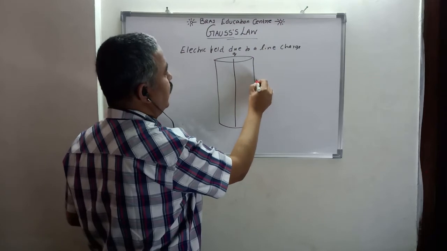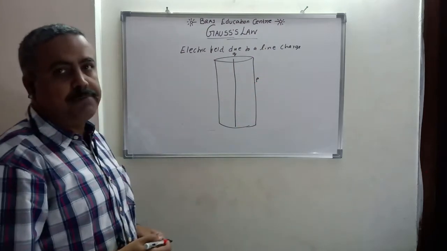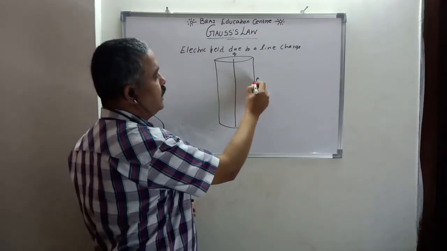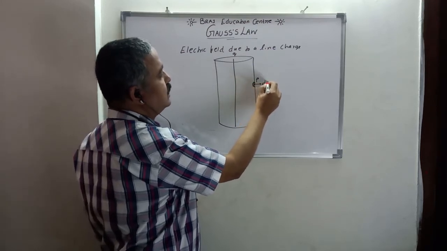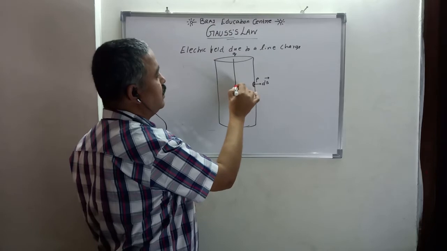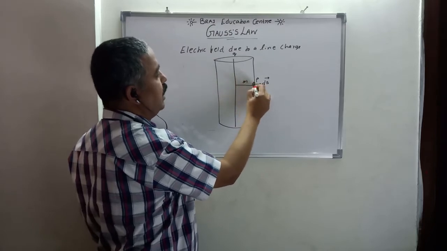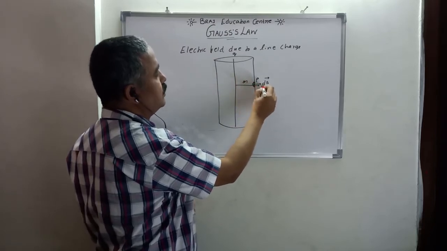We consider to find the electric field at a point P, for which we'll take a small surface. The vector ds is normal here. This distance is r, and electric field is also in the same direction.